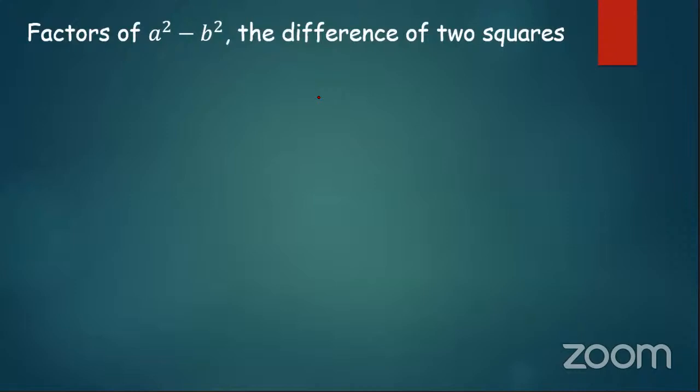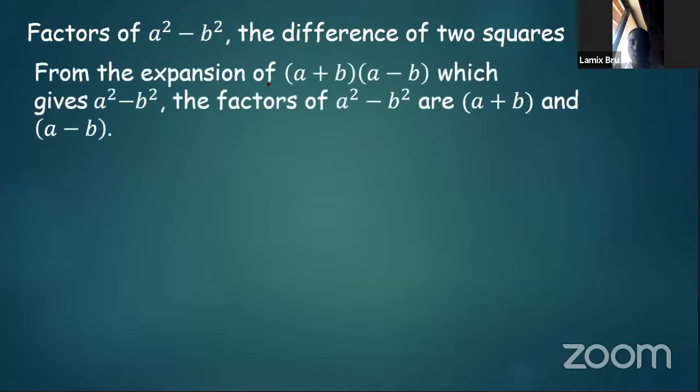And those of you who did it were able to get a squared minus b squared. So from the expansion of a plus b into a minus b, we get a squared minus b squared.